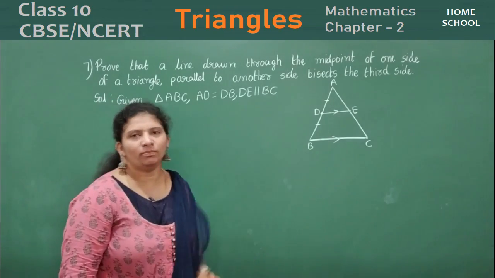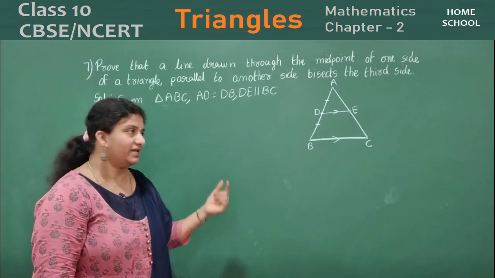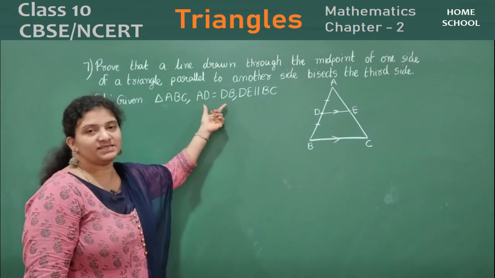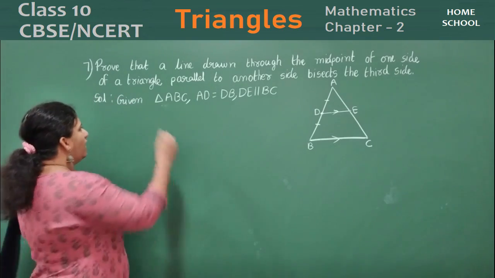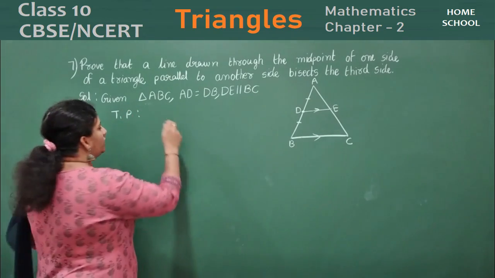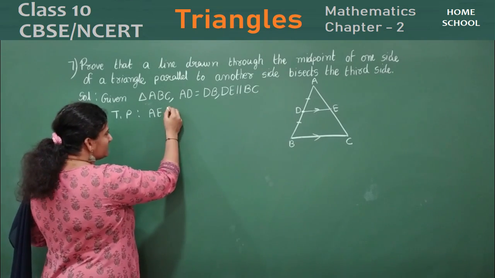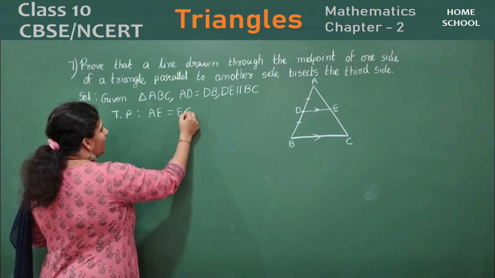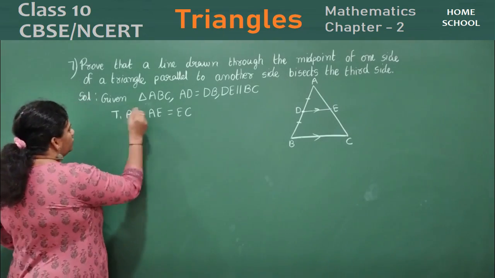DE parallel to BC. DE is a line which is given such that DE is bisecting AB and is parallel to BC. So now, what you need to prove in this problem? You need to prove that point E bisects AC such that AE is equal to EC. You need to prove. So let's do proof.